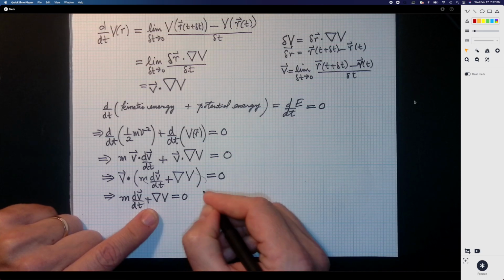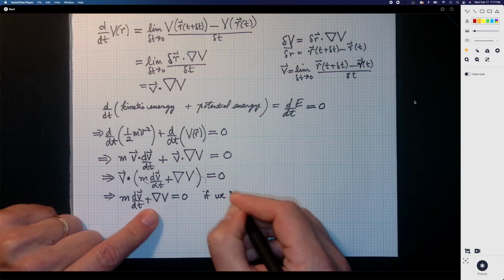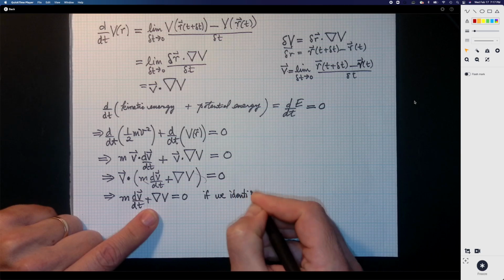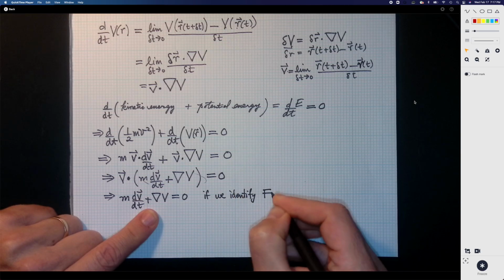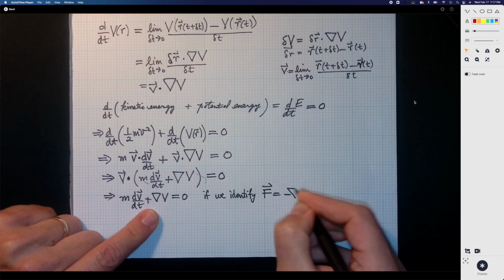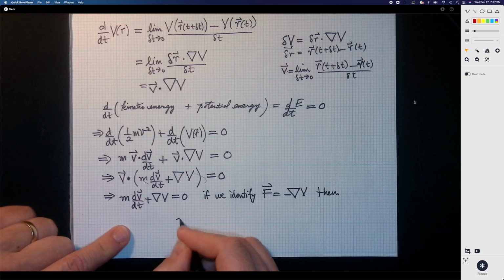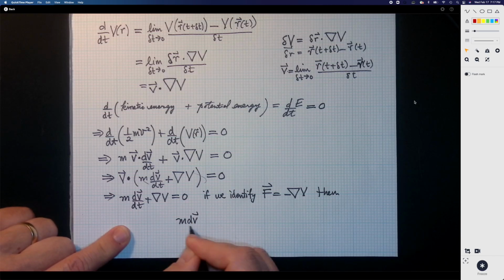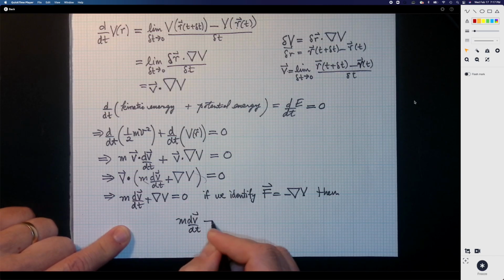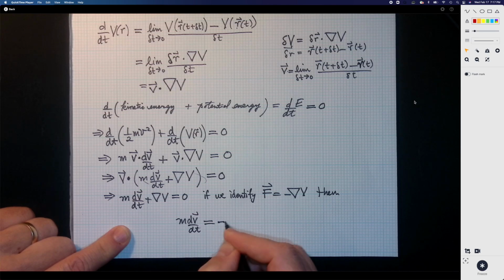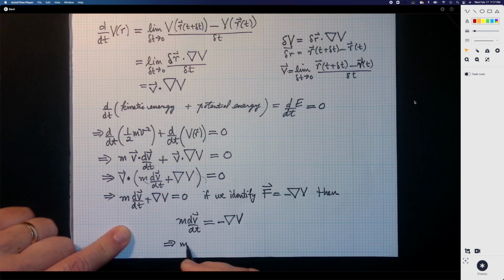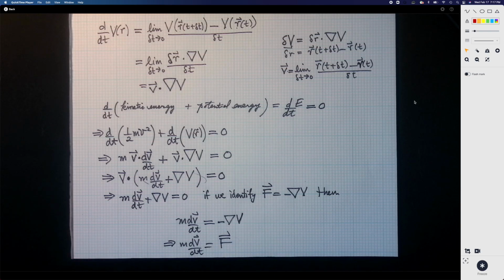So if we identify the force to be minus grad V, then F equals m a, which is Newton's second law.